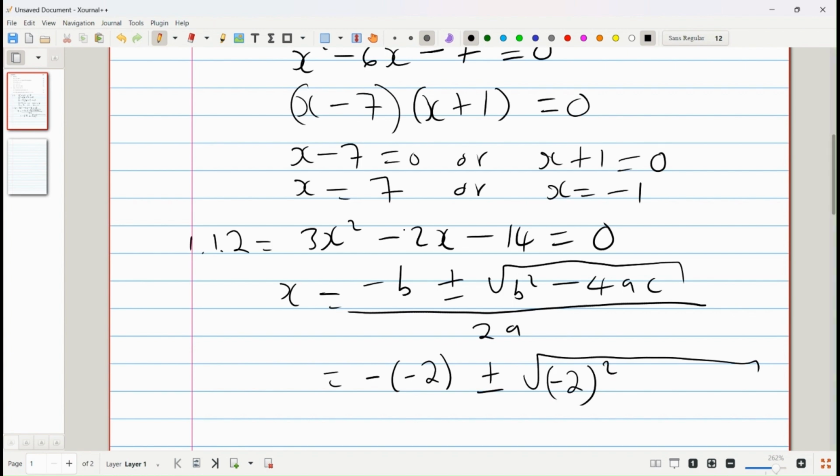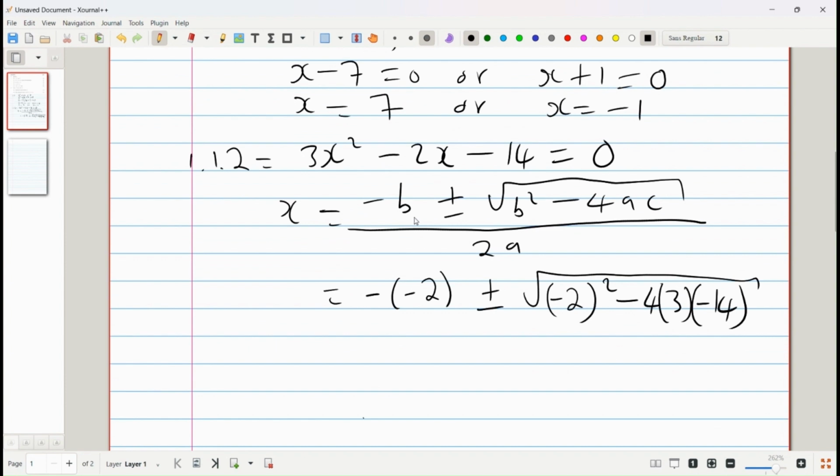Then minus 4ac. Our a is 3, so we'll have 3 here. And then the next one is c. Our c is negative 14, so we'll have negative 14 here.